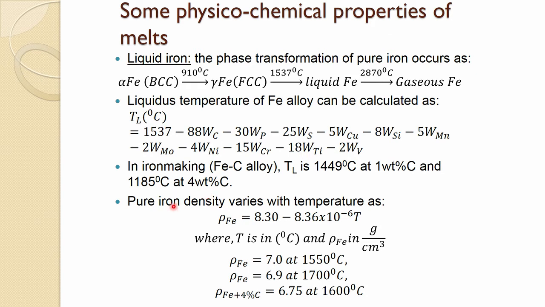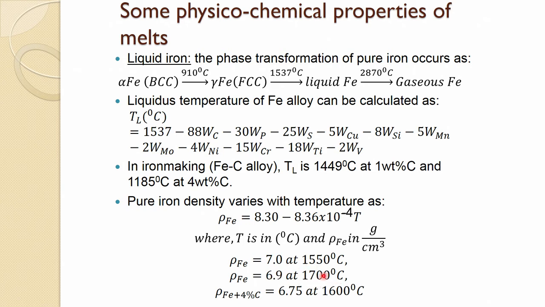Similarly, the density of iron varies with temperature, and this empirical correlation can be used for density variation with respect to temperature, where T is in degrees Celsius and iron density is given in gram per centimeter cube. So, at 1550 degrees Celsius iron density is 7, at 1700 degrees Celsius it is 6.9.